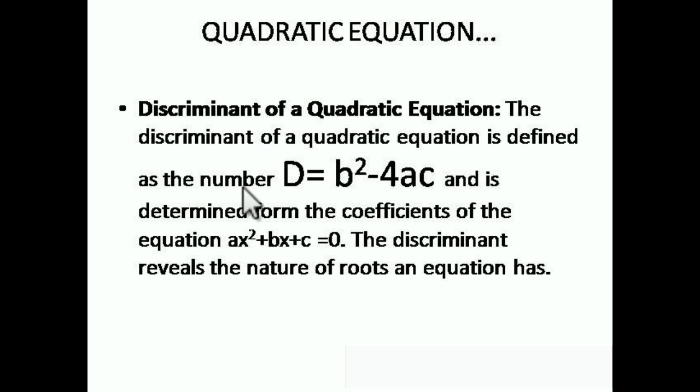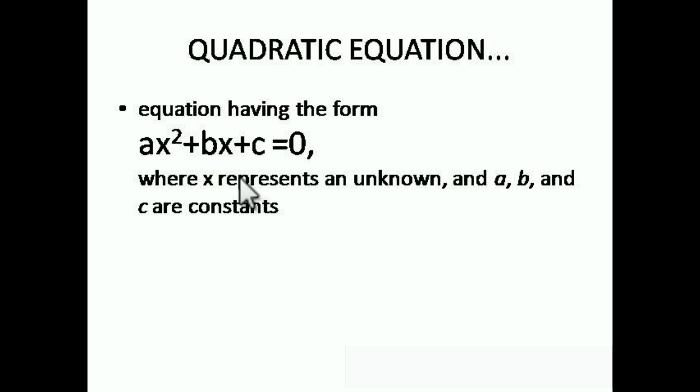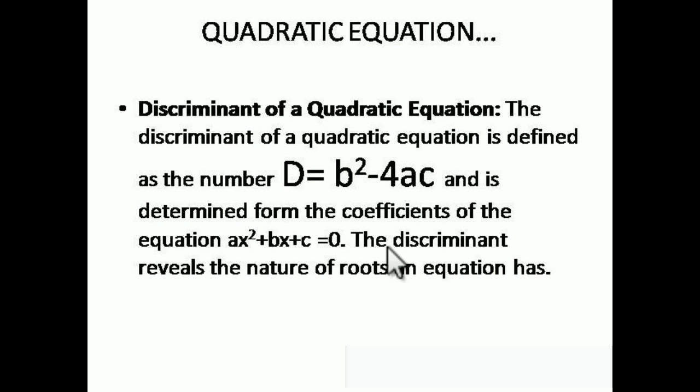Now for the solution of a quadratic equation, we all know that it has two roots, because the maximum power of x is 2. For finding the roots there are various methods, but the basic method is by discriminant.